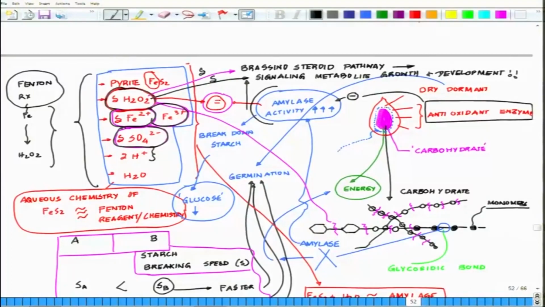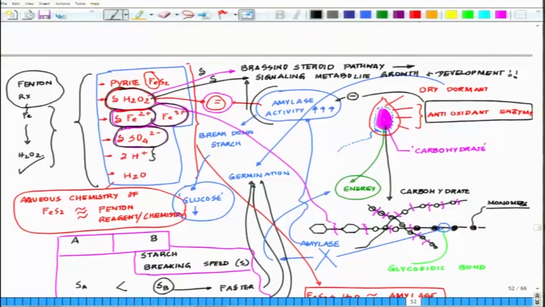So, to conclude, point 1: iron pyrite in the presence of water mimics the Fenton chemistry. This is this point. Okay.